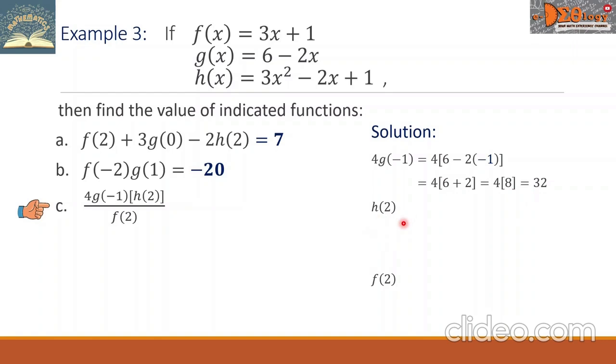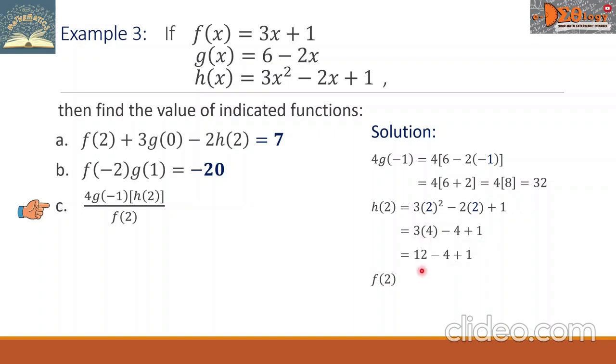Now h of 2. Our h of x is here. So h of 2 is 3 times 2 squared minus 2 times 2 plus 1. 2 squared is 4. 2 times 2 is 4. So we have 3 times 4 minus 4 plus 1.